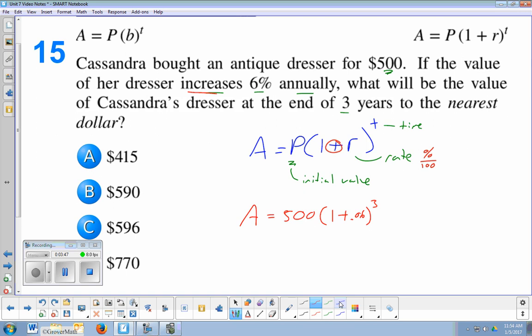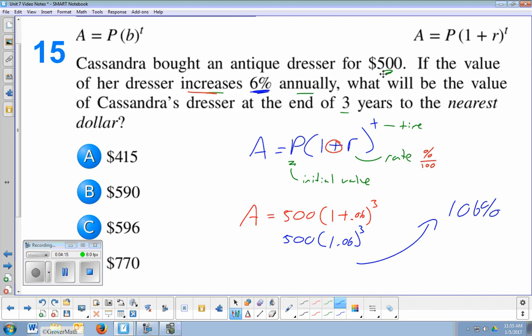And so when you add this together inside the parentheses, we had 500 times 1.06 to the 3. Now this 1.06 as a percentage would be 106%. And that makes sense, because if it's increasing 6%, that means it's going to be 106% of what it previously was, right? 100% is just going to stay the same.